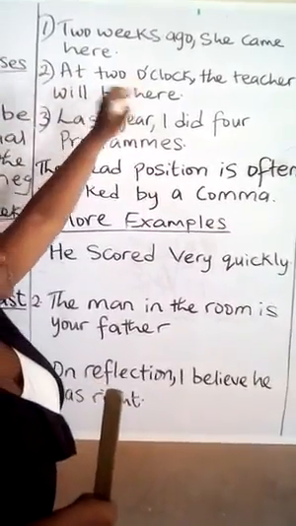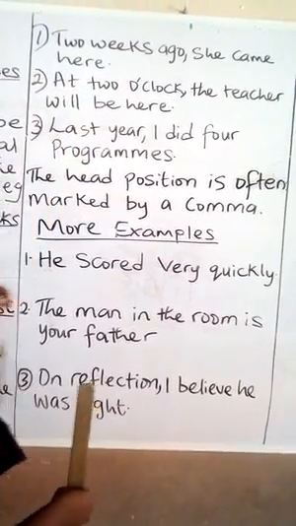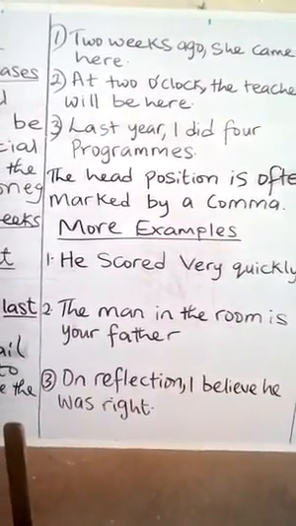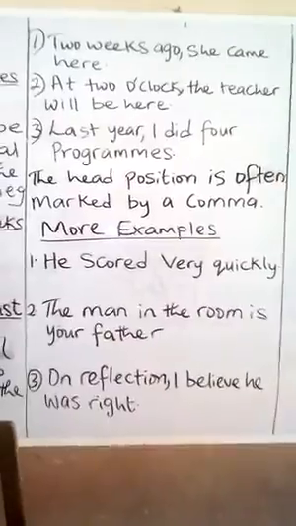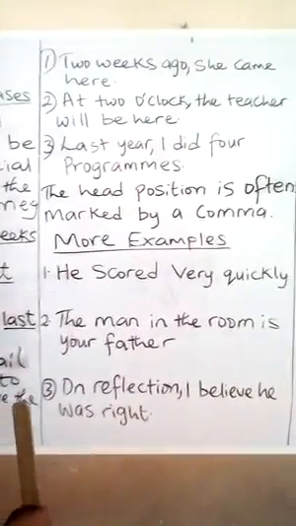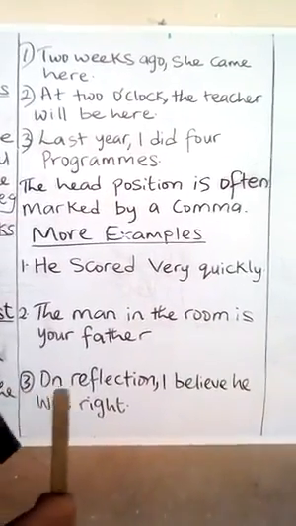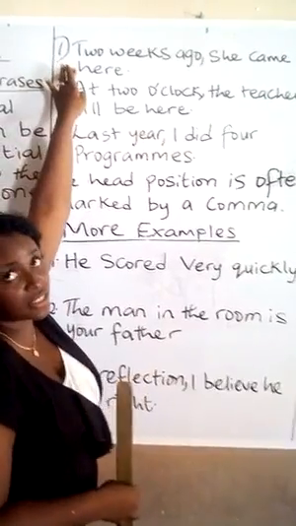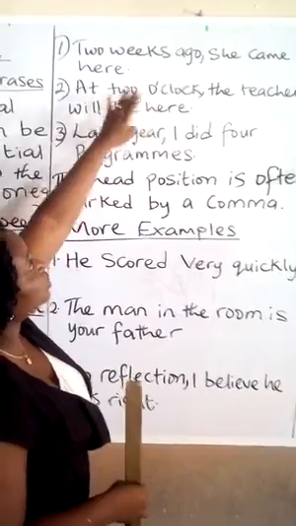You see that it's the same as what we read before. This part that I underlined is the tail phrase. Now we have moved our tail part to the head part of our sentence. It now becomes 2 weeks ago, she came here.